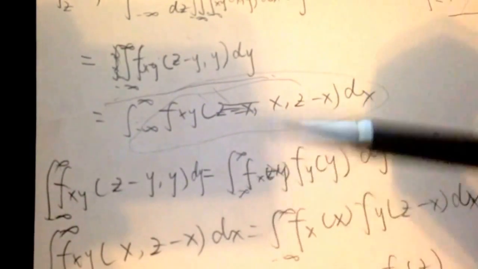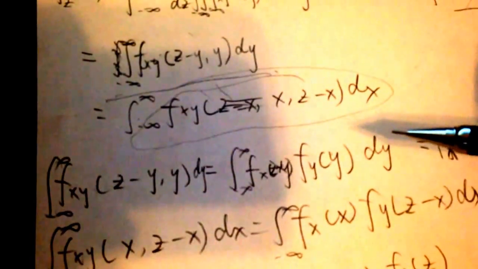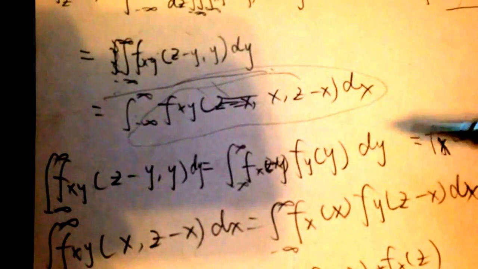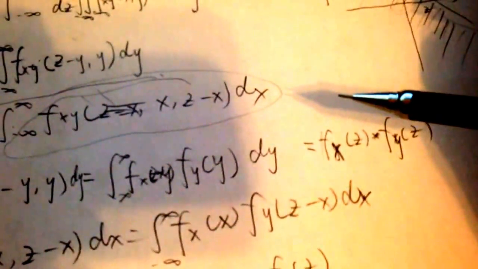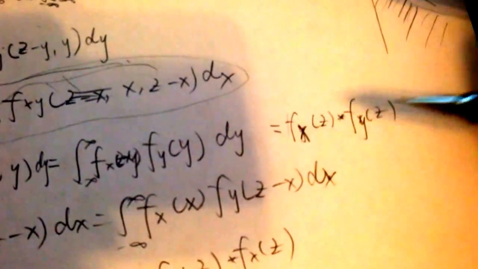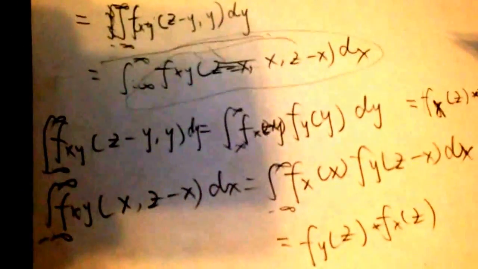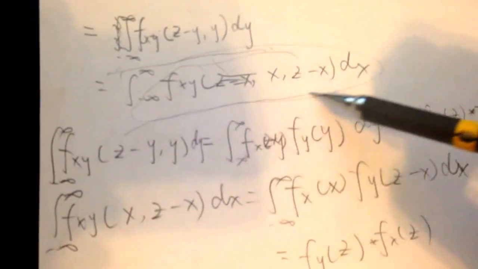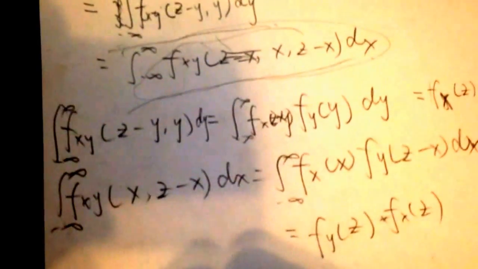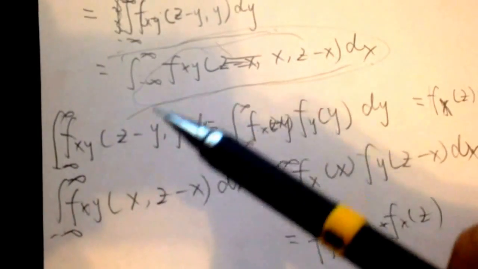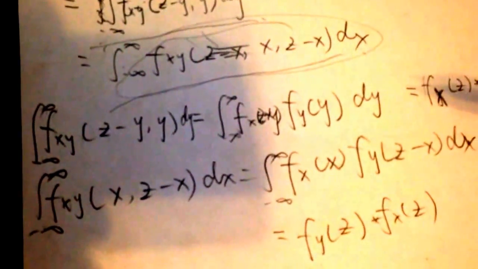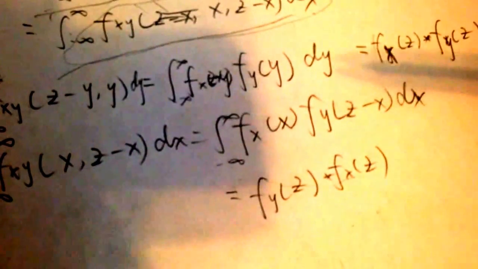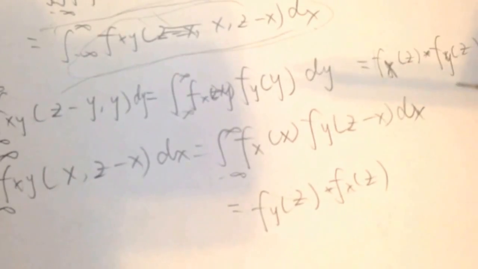The integral of f(x,y) of x, z minus x equals the integral of f_X of x times f_Y of z minus x, and similarly we can rewrite this equation the other way. This is the first method.